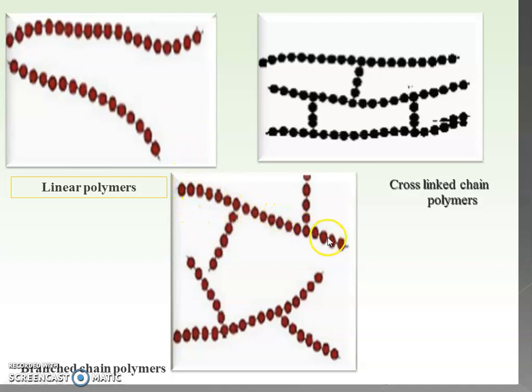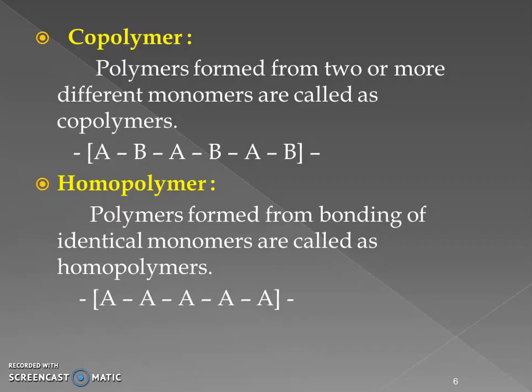This is one straight chain with one branch here. It is also a chain having different branches. So it is a branch type of polymer. And cross-link polymer: see here, this is a straight chain, and this is also a straight chain, and they are joined by cross-linking. So this is the classification based on structure.